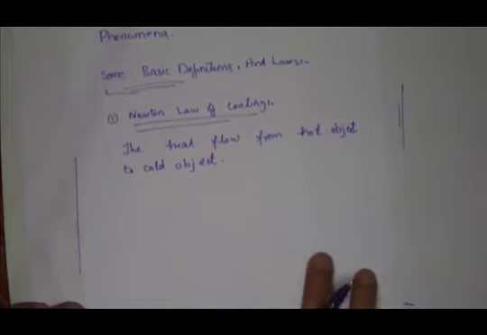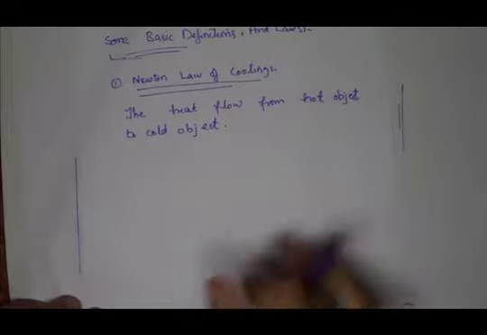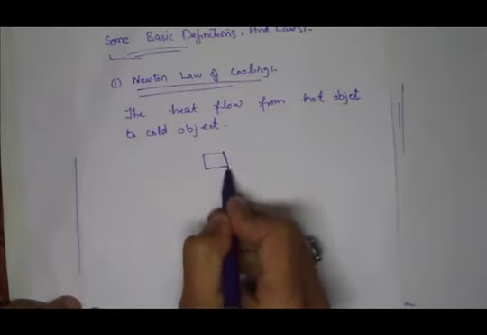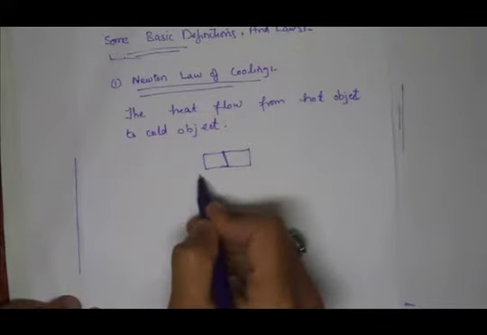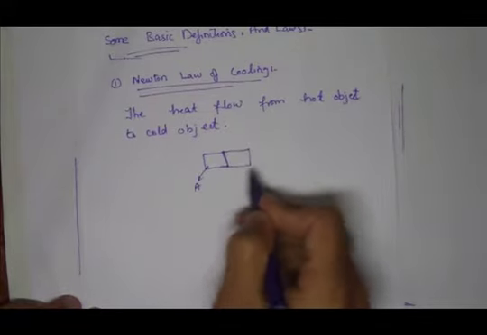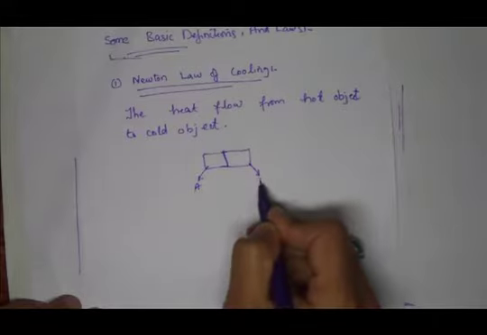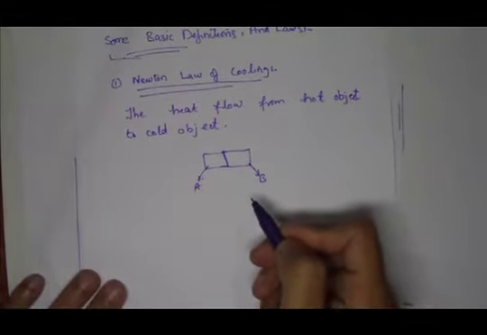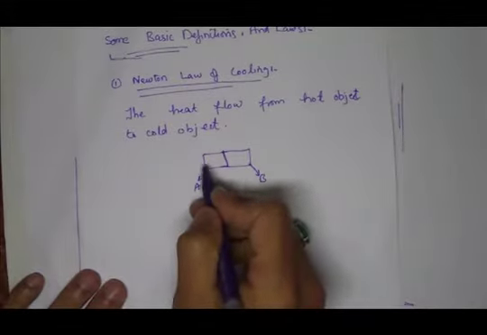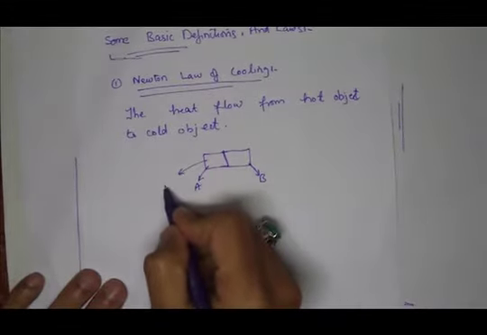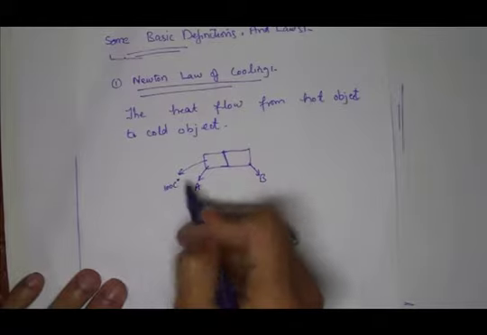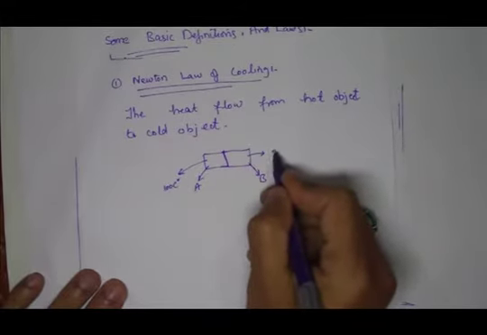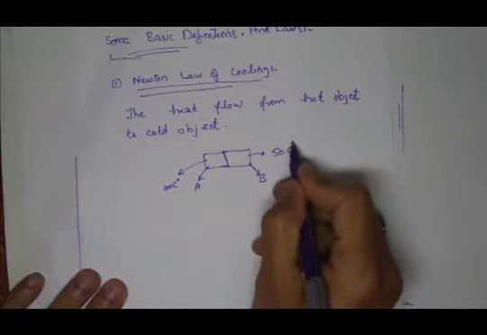For example, if we take two objects, object A and object B, and connect them with each other, let the object A have 100 degree centigrade and the temperature of the object B is 50 degree centigrade.